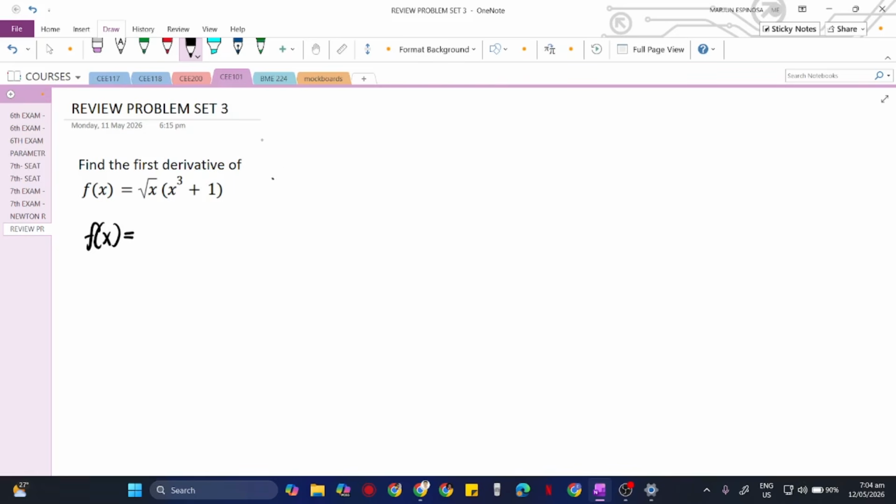The square root of x is the same thing as x raised to the power of 1 half. So x to the 1 half multiplied by x cubed, plus 1 times x to the 1 half.